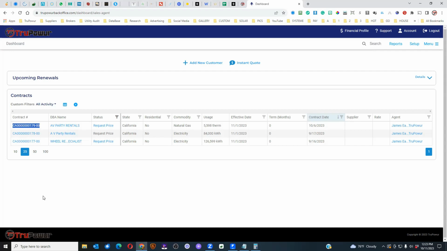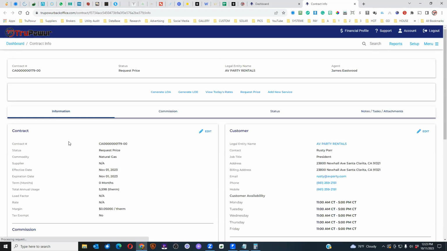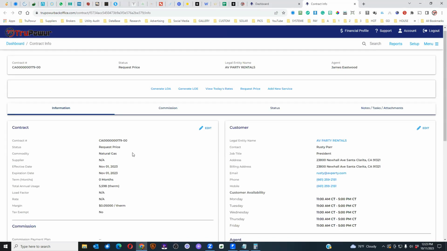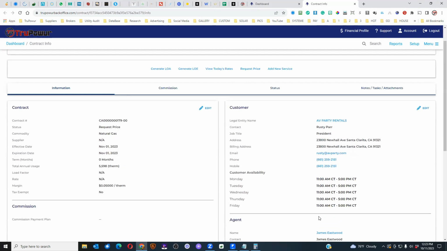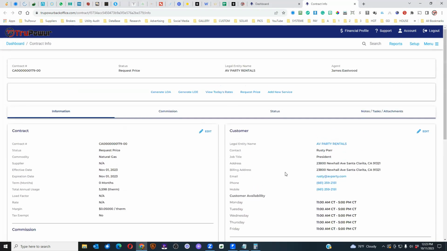That is just a contract number that we have in the system to keep track of different states, different suppliers, different things like that. So once we click on that, it is going to open up the customer information page, which has a lot of variables on it. So customer's information here, the agent or broker's information is down below.